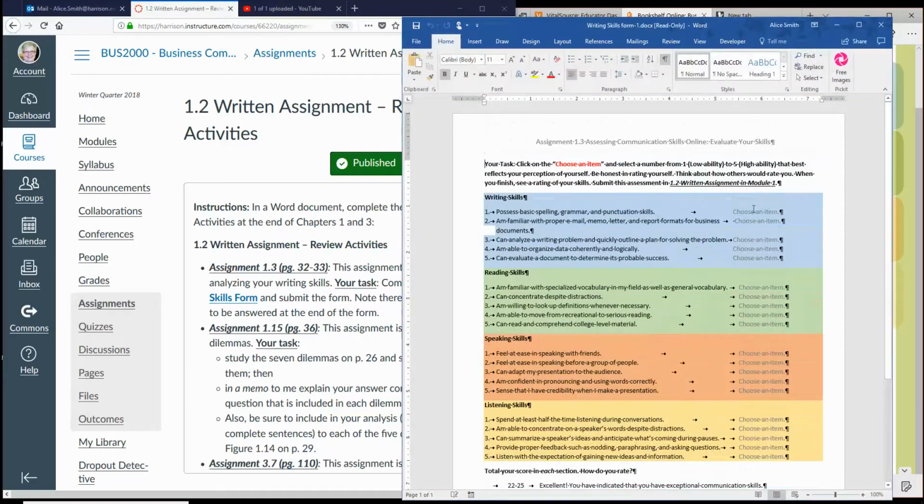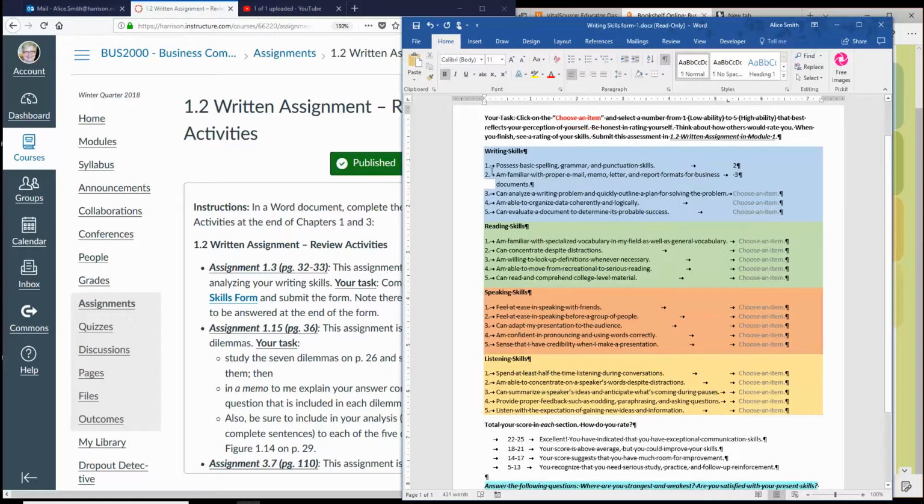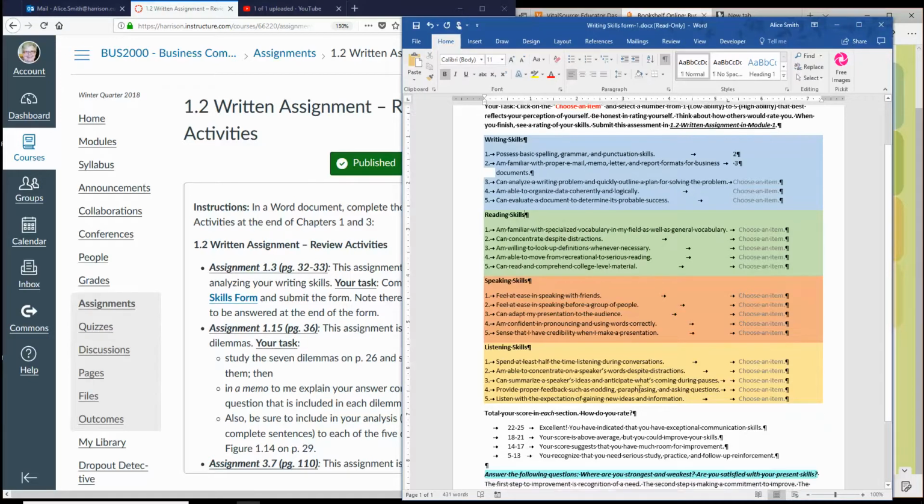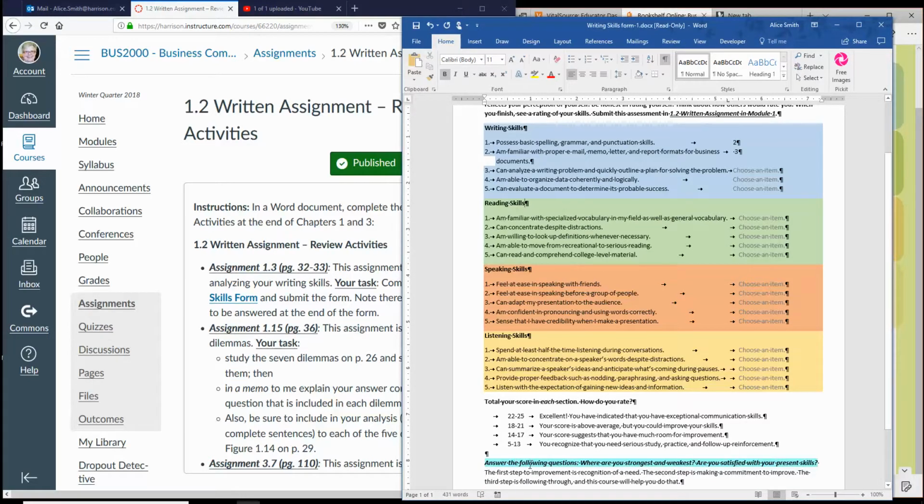So you could do 1, 2, 3, depending on how you feel. Or you can write on a piece of paper. I would do it this way. I think it's easier, but hey, different strokes for different folks. So you go through and fill this out, look at your score, and answer these two questions. That's assignment 1.3.